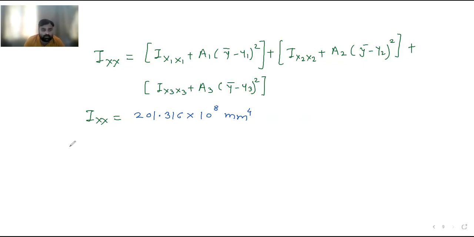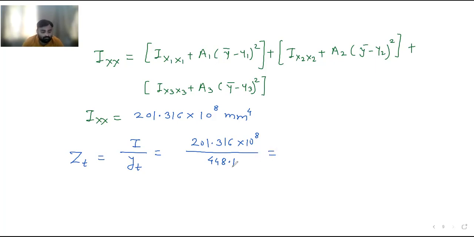Now calculate Z top. Z top is equal to I divided by Y top, which is equal to 201.316 into 10 raised to 8 divided by Y top, which is 448.1. So you will get the value of Z top now. Let me know the answer, Z top.